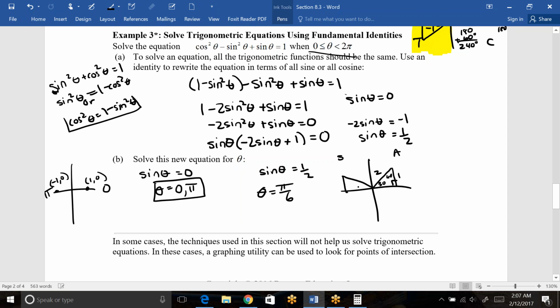And then over here we have the match, which is also 30 degrees. And remember, this is pi over 6, 2 pi over 6 is pi over 3, 3 pi over 6 is pi over 2, 4 pi over 6 is 2 pi over 3, and 5 pi over 6. So those are my solutions for the 2 separate equations we got after factoring.